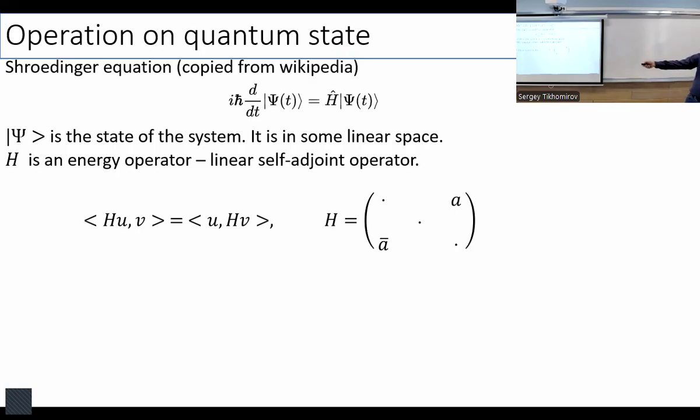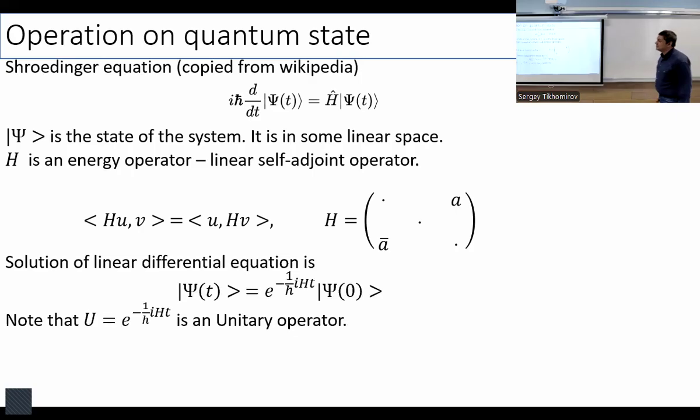Let us look carefully at this. This is a linear differential equation. Even though it is super high dimensional, it is still linear, so it can be solved via the exponent of matrices. In the exponent we have 1 over Planck constant, we have i, which comes from here, we have this self-adjoint operator, and we have time.